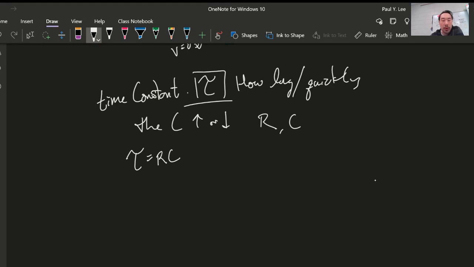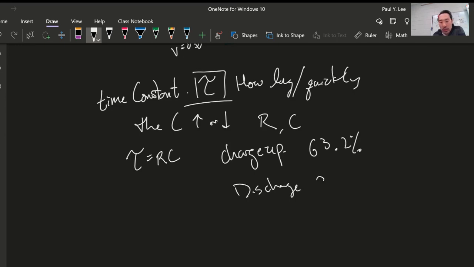The time constant for a charge up is determined by 63.2% of the capacitor being charged, and for a discharge, that number is 36.8% of the capacitor discharged.